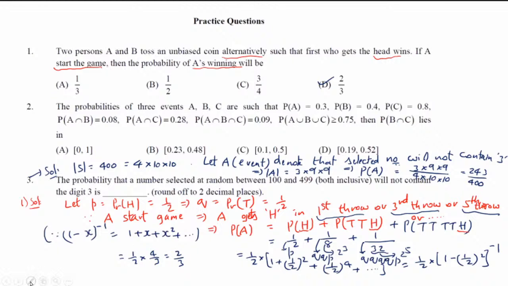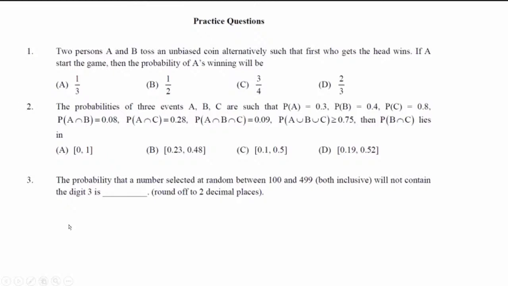Now I am doing the second solution. Okay, we know that P of A intersection B, P of B intersection C. P of A union B union C is greater than or equal to 0.75, and the probability of anything is less than or equal to 1.